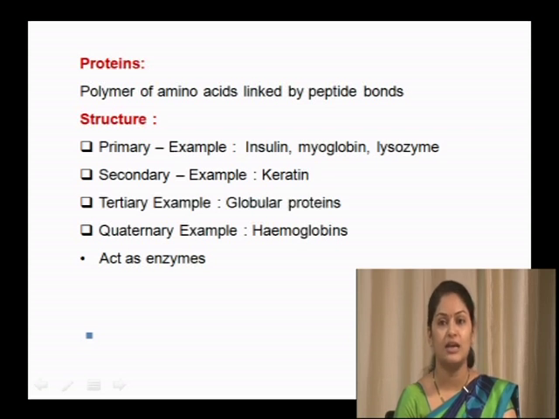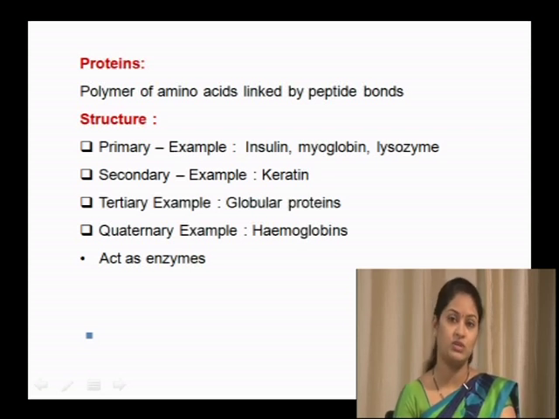In tertiary proteins, the polypeptide chains are spherically coiled, forming a ball-like structure, and you can include globular proteins under this. The fourth classification is quaternary protein.